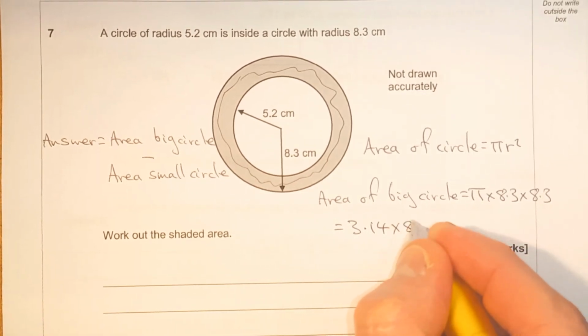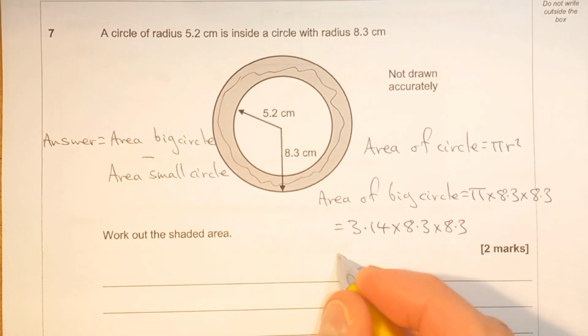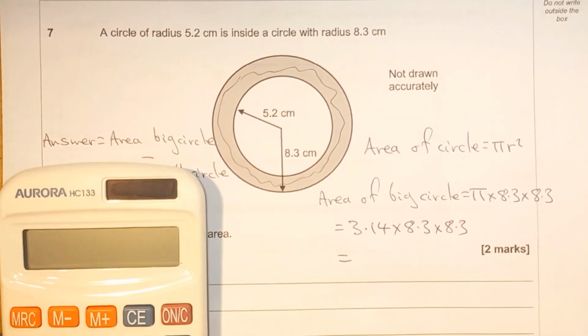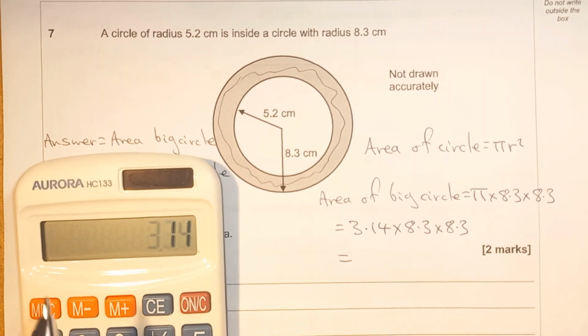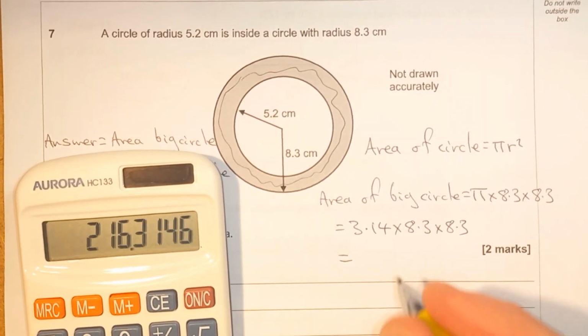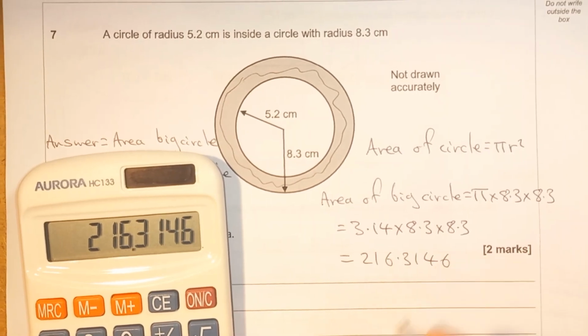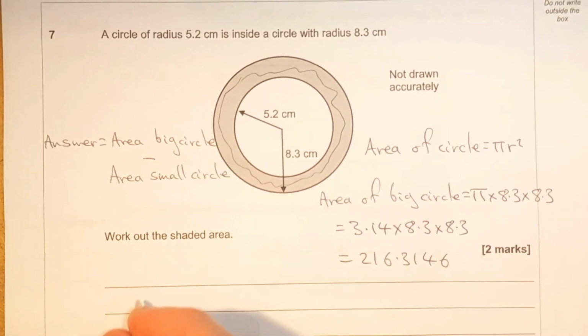Then we want it times 8.3, and because it's squared, times itself. So 3.14 times 8.3 times 8.3, 216.3146.